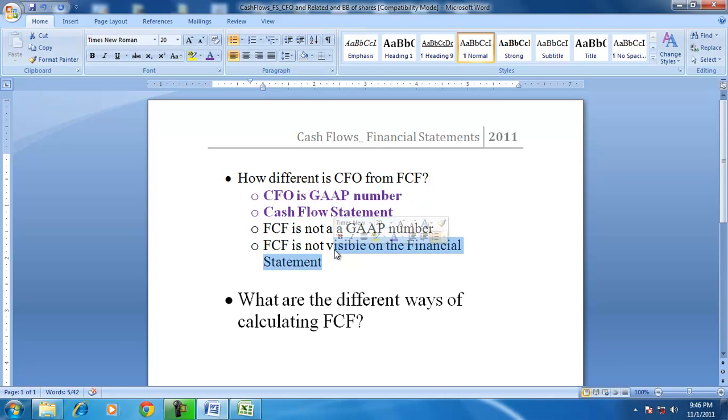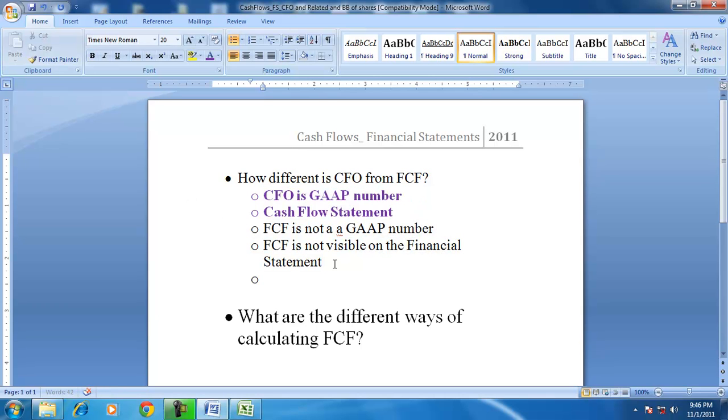Free cash flow is cash available. It's called free because it is free from all encumbrances or all claims. That means this money is available for the investor.